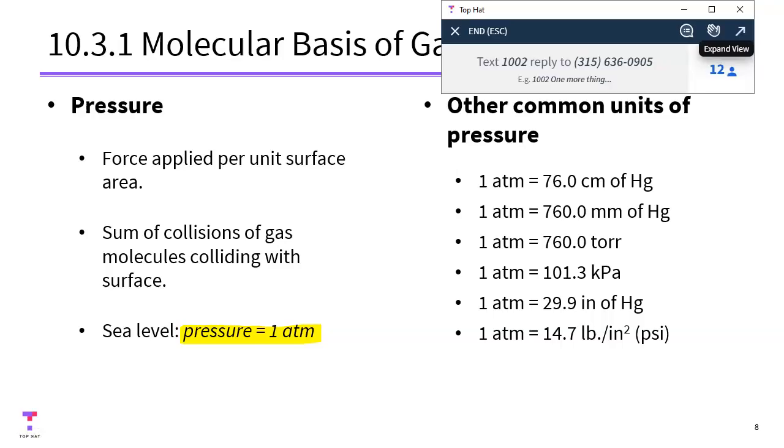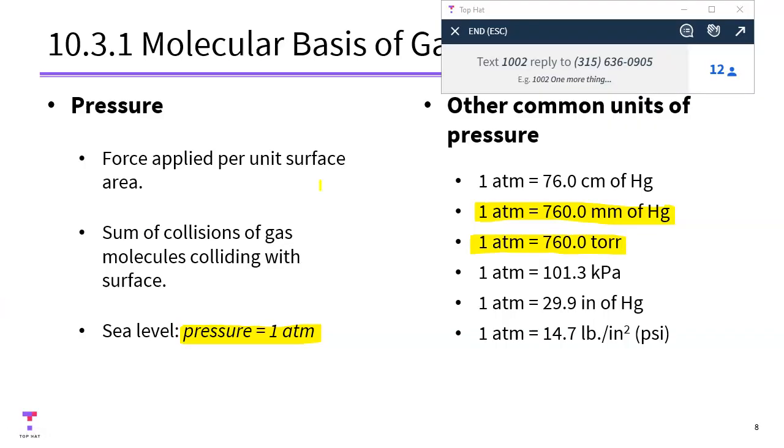So what are some other ways that we can measure pressure? What are some other conversions that we can do? So I'll give you some things that are common. In the laboratory, common units of pressure would include millimeters of mercury and torr.